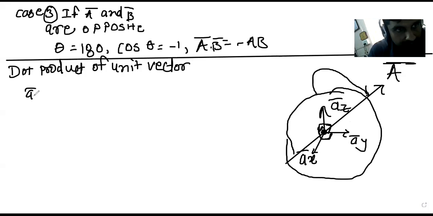Now I'm trying to find those cases. A bar x dot a bar x means I'm taking a self dot product. That means the angle between those two vectors is 0. I'm talking about the same vector. If I consider the same vector 2 times, the angle between them would be 0. So if theta is 0, what is the answer of dot product?